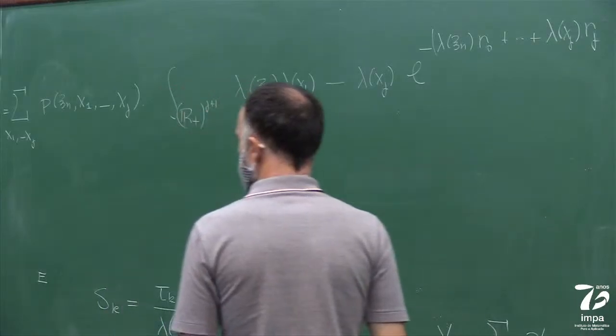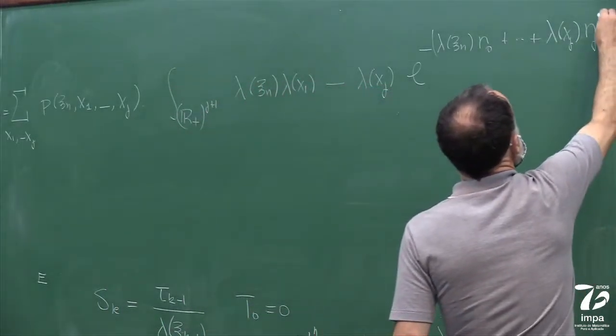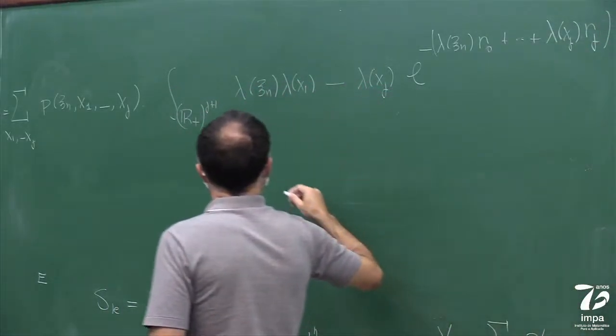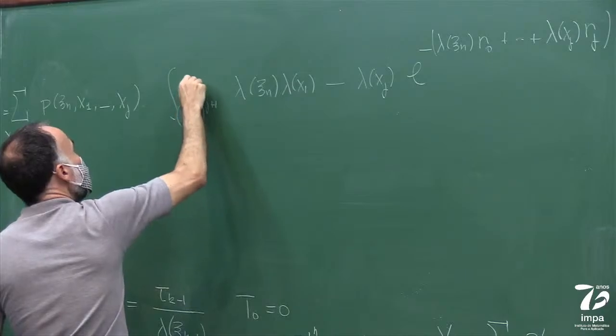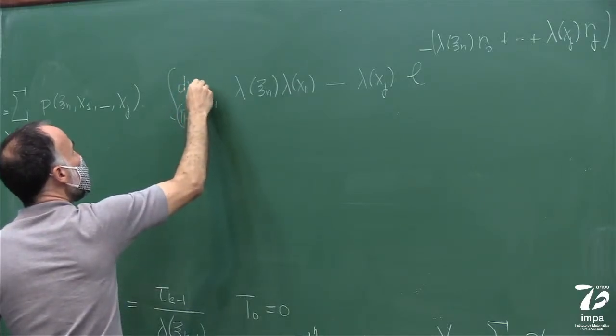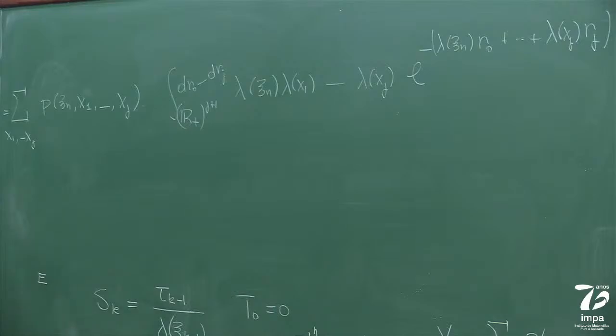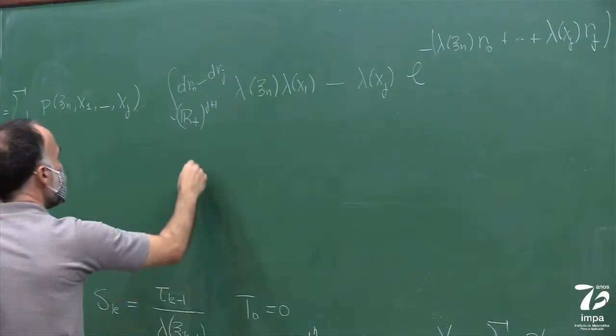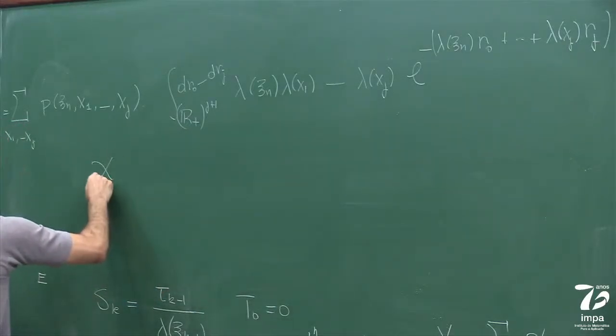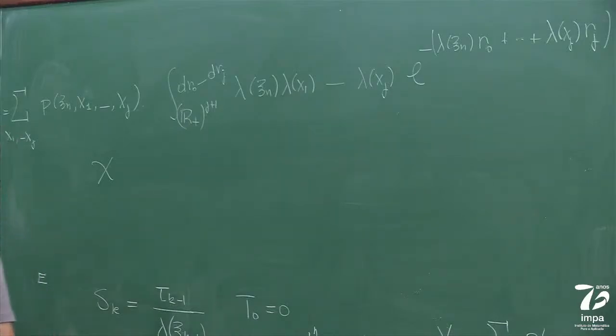Is that correct? Yes. And this is dr0, dr1, up to drj. And now I have the indicator.